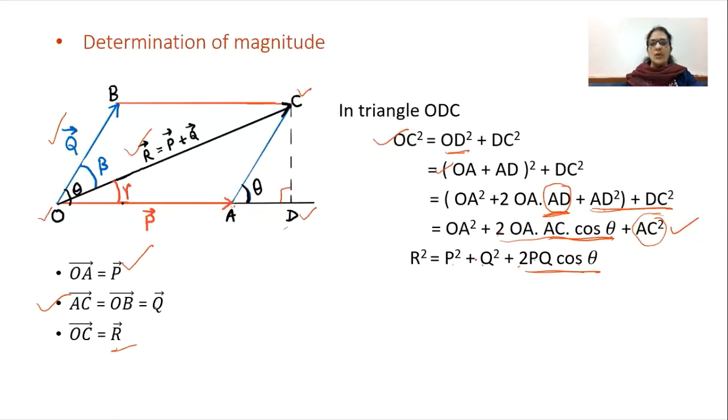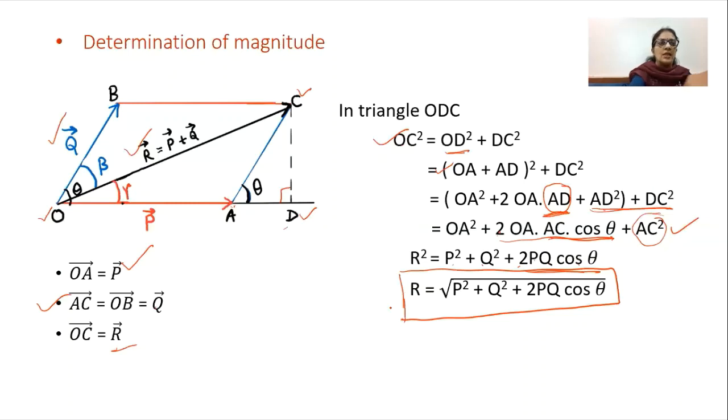We want R, so take the square root on both sides. So R is equal to square root of P square plus Q square plus 2PQ cos theta. So this is the magnitude. See, we have determined only the magnitude by using the law of parallelogram. What is theta? Theta is the angle between these two, that is P bar and Q bar.